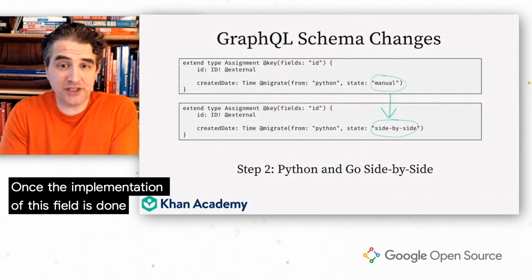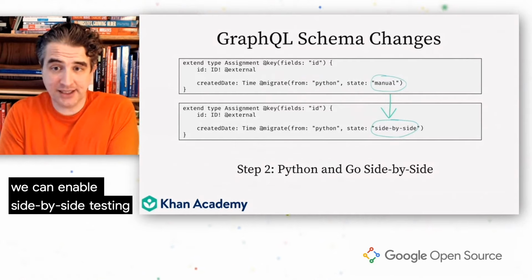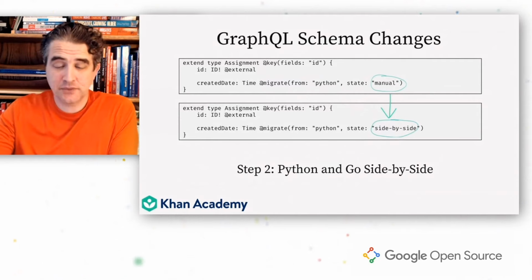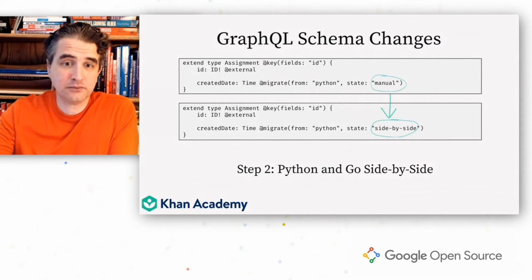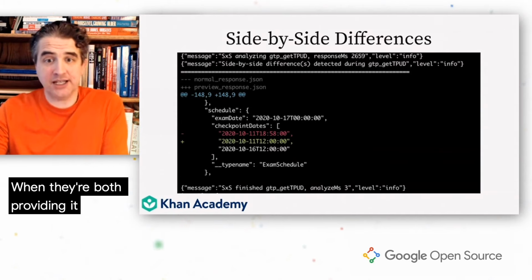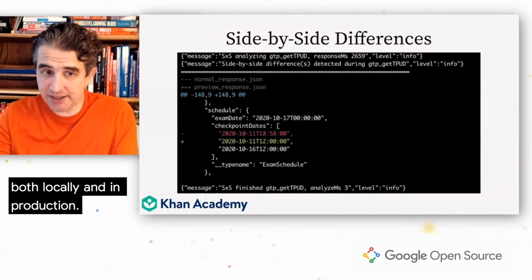Once the implementation of this field is done, we can enable side-by-side testing by setting the migrate directive state to side-by-side. Here, now, both Python and Go are getting the requests for that field. When they are both providing it, every request will be examined for differences, both locally and in production.